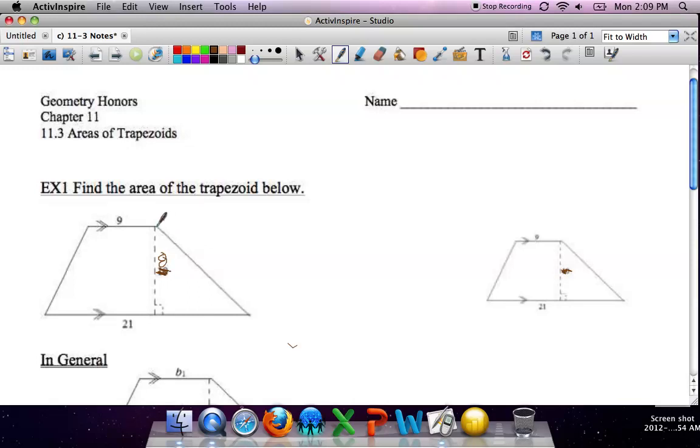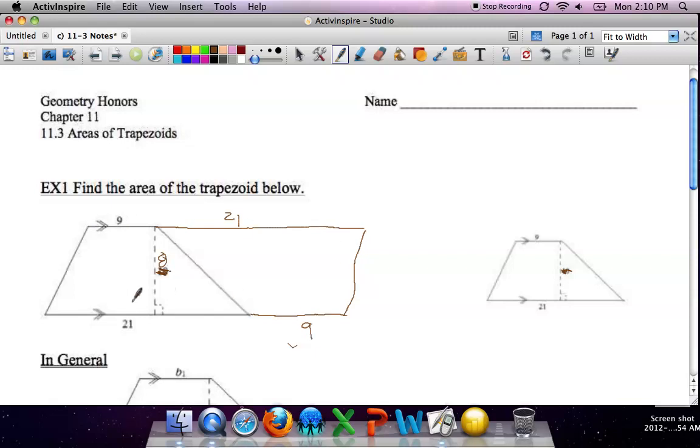So if we were to extend this parallel line to the 21, out 21 units all the way, and we were to extend this out 9 units, these two should be reflections of each other.